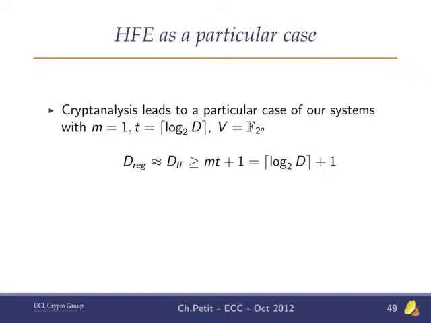If you apply the analysis, you get Dreg approximately equal to DFF, which is bounded by mt plus 1. Sorry, it's minus, it's smaller here, which is equal to log 2D plus 1. So we recover results that are well known for HFE, which is a pretty well studied cryptosystem.